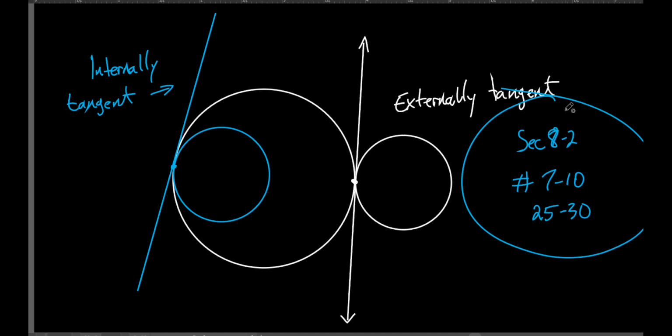So on the quiz, it's 8-1 and 8-2. The stuff that we did today and the stuff we did Thursday will be included. Anything circle-wise that we've talked about in this chapter will be on the quiz on Wednesday. Everybody got it? We might do a brief review.